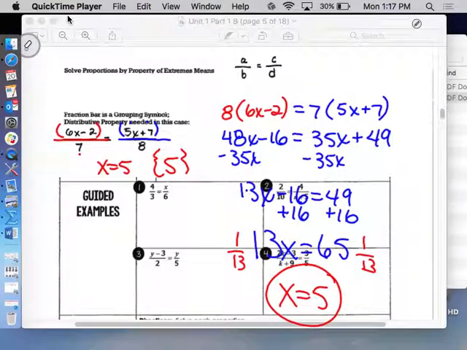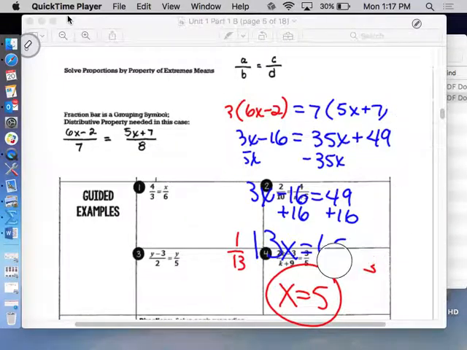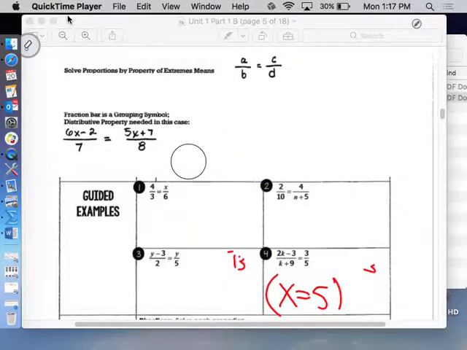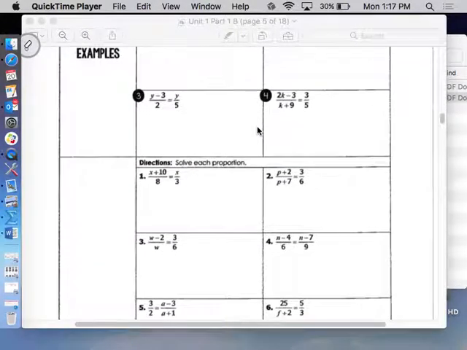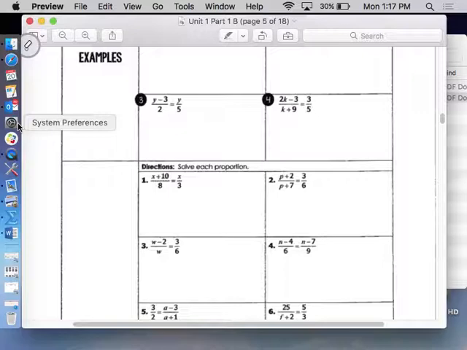I would like to look at one or two in the problem set with you, at least to set them up, to make sure that you get the setup correct, and then I'll let you solve on your own. Let's look at example number 4 first. In example 4, the first fraction has expressions with the variable and the constant in both numerator and denominator. My first step, the product of the extremes, would be 5 times 2k minus 3.